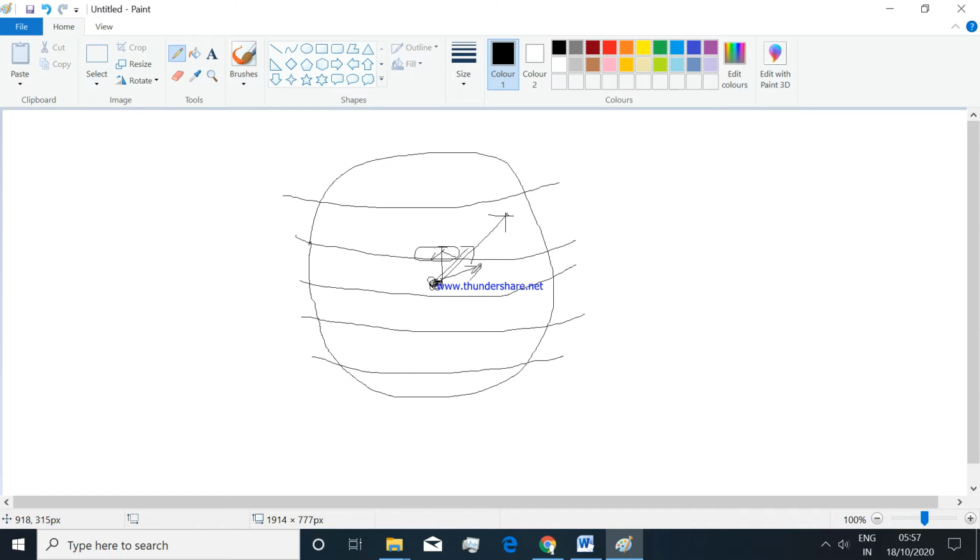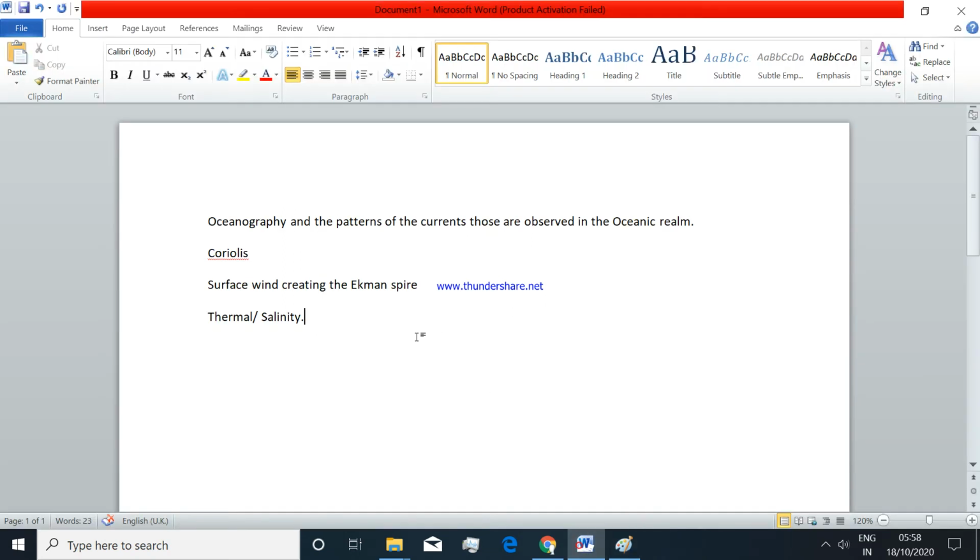If analyzed in terms of vectorial fields, for example a small water column, this deflection or this force is known as the Coriolis force.